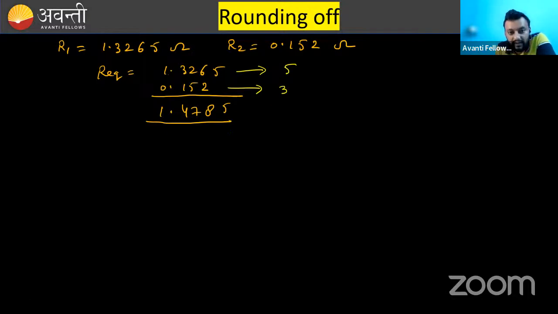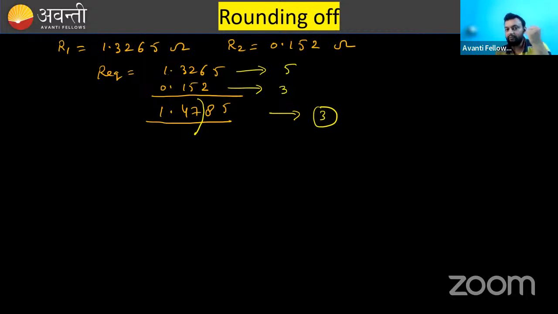So the result will have 3 significant figures only. That means 1, 4, and 7. And after this 7, the digits are to be removed. The process of removing the digits is called rounding off.